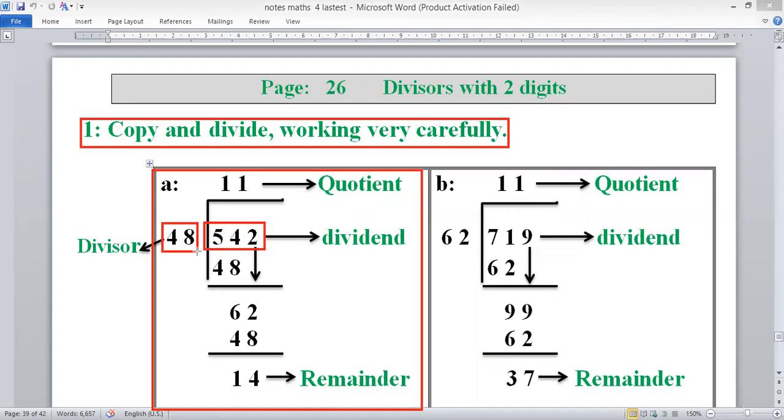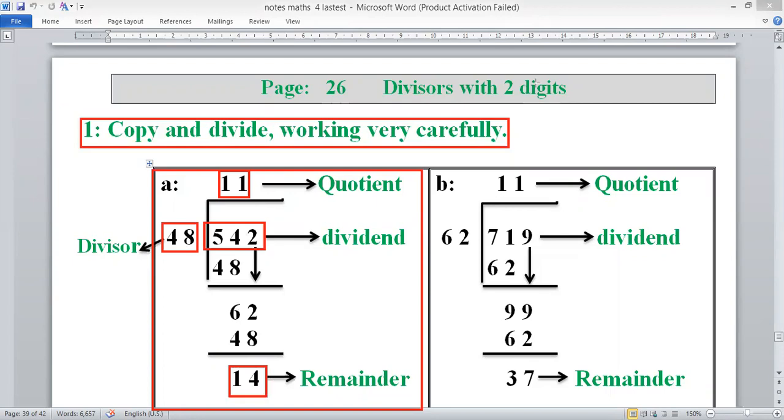Here 48 is called the divisor, and this divisor has two digits, and 542 is the dividend, and this is our answer, called the quotient, and at the end, the remaining number is called the remainder.